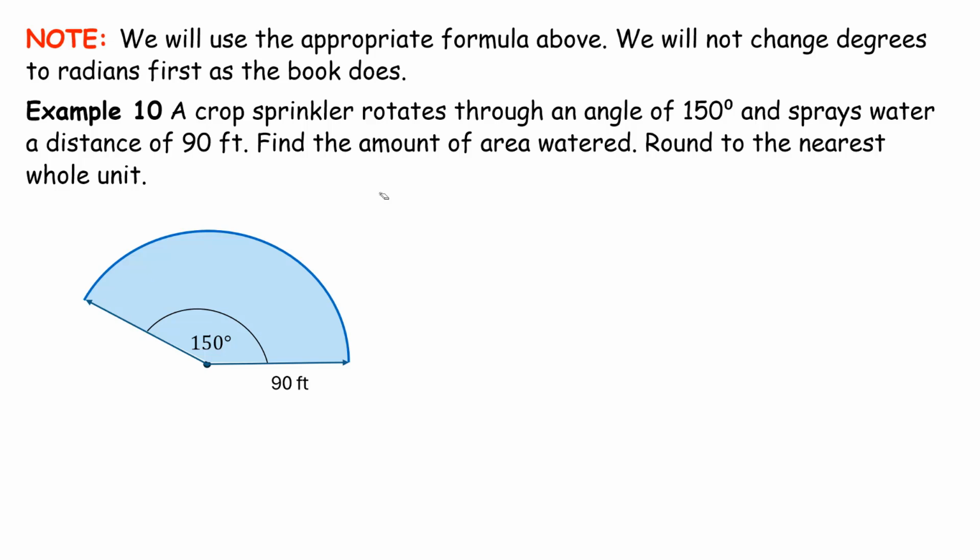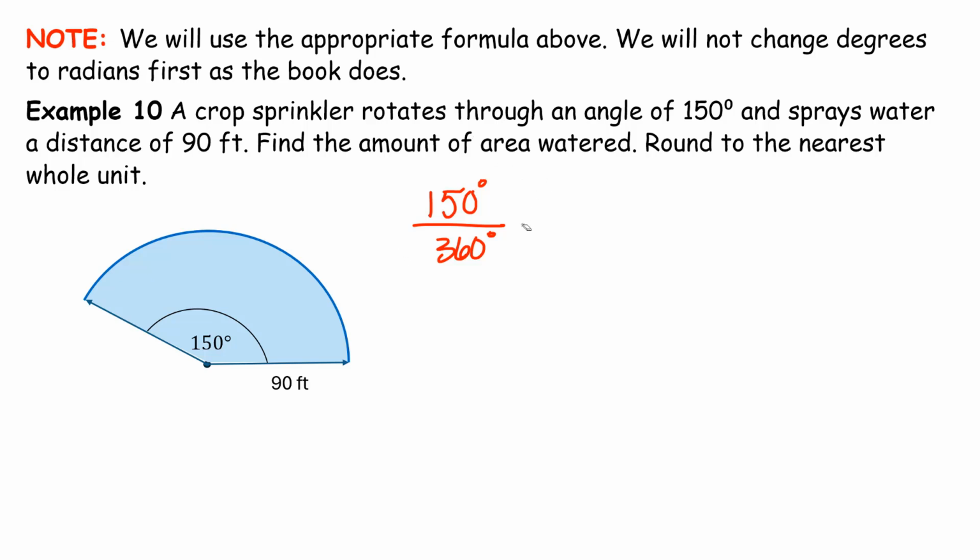Example 10: a crop sprinkler rotates through an angle of 150 degrees and sprays water a distance of 90 feet. Find the amount of area watered, rounded to the nearest whole unit. It's 150 degrees out of the whole 360. So this is the fractional part of the circle that this sector represents: 150 out of 360.